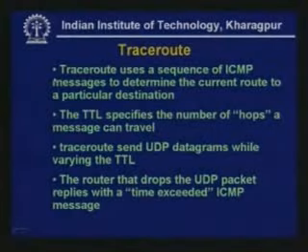Traceroute uses a sequence of ICMP messages to determine the current route to a particular destination. The TTL specifies the number of hops a message can travel. Traceroute sends UDP datagrams while varying the TTL. The router that drops the UDP packet replies with a time exceeded ICMP message.